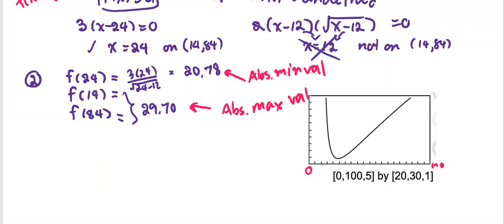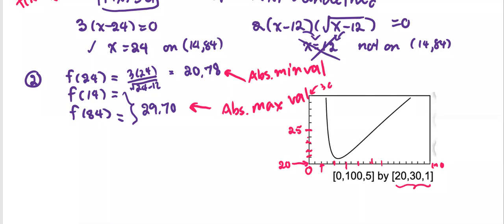So 5, 10, and then keep going, and so forth. And for the second window here, 20 to 30, and the increment is 1. So that means starting with y equals 20, and up here y is 30, and the increment is 1. So 21, 22, 23, 24, 25. Over here, 25 as a scale of the graph.